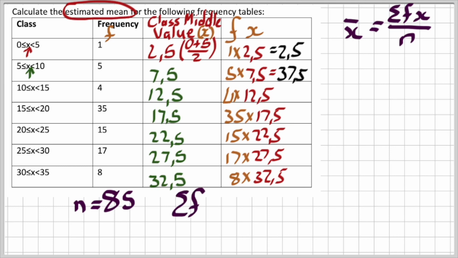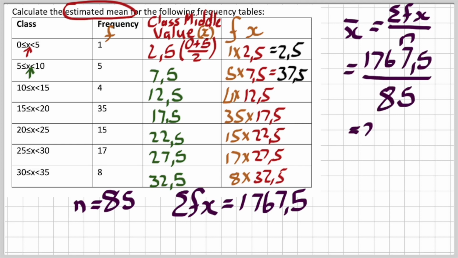Now I need to sum up all the fx's, and I get 1767,5. So that means my mean is going to be 1767,5 divided by 85, which gives me an estimated mean of 20,79.